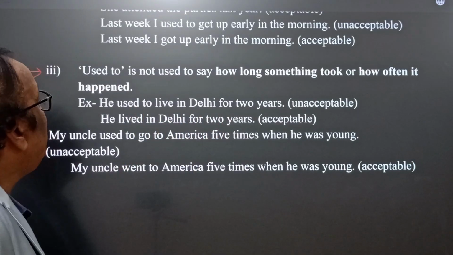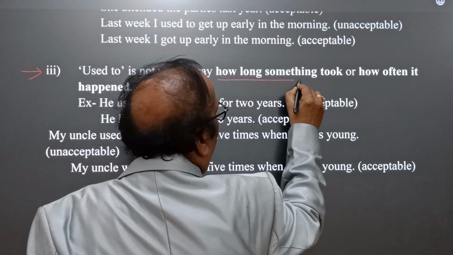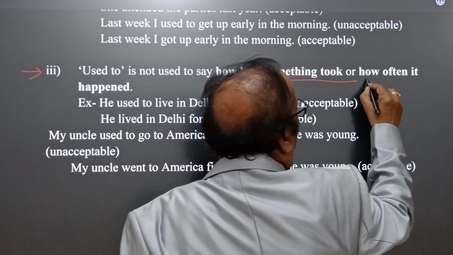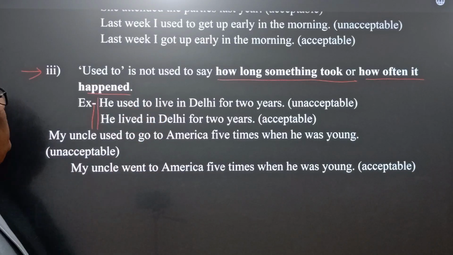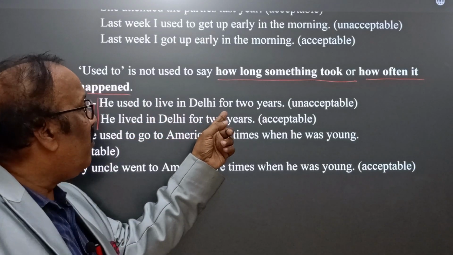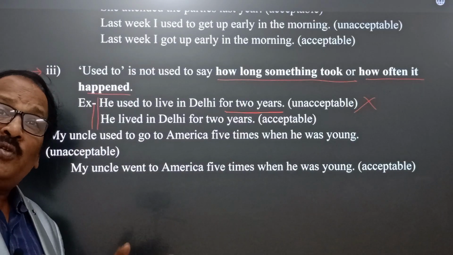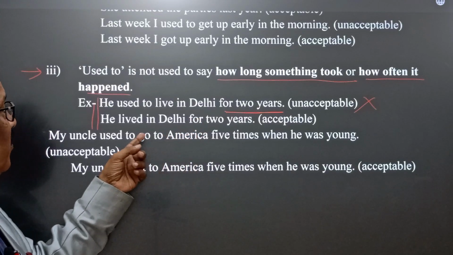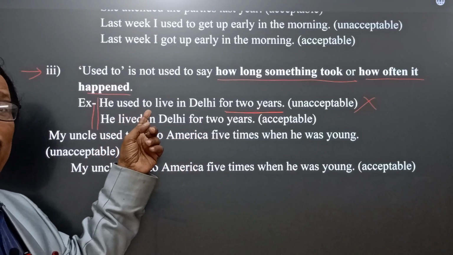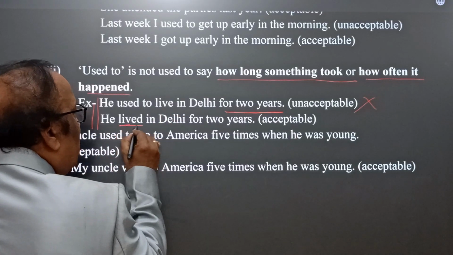Another instruction: used to is not used to say how long something took or how often it happened. How? Let's see. He used to leave Delhi for 2 years. This is wrong, because for such a short period of action we don't use used to. In this case also we use simple past.